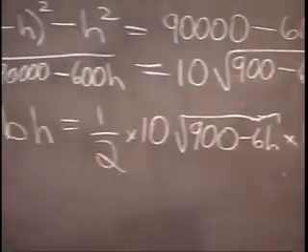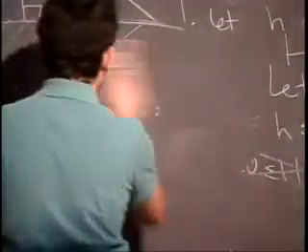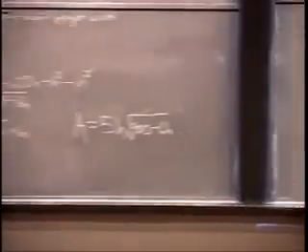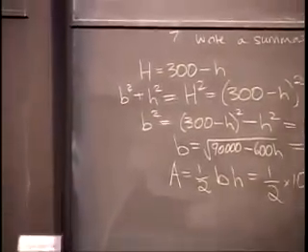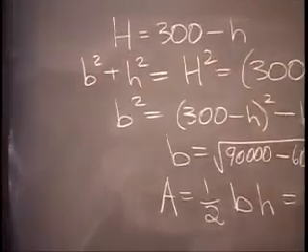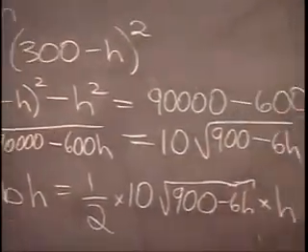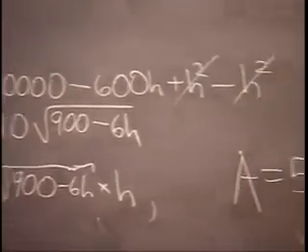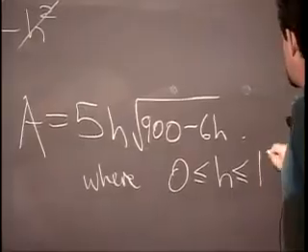A little bit of algebra was required here, but ultimately we have reduced the situation to the case where we have the variable we want to maximize, A, written in terms of one other variable, little h, and we even know what the domain is. In fact, let me write 0 less than or equal to h less than or equal to 150.